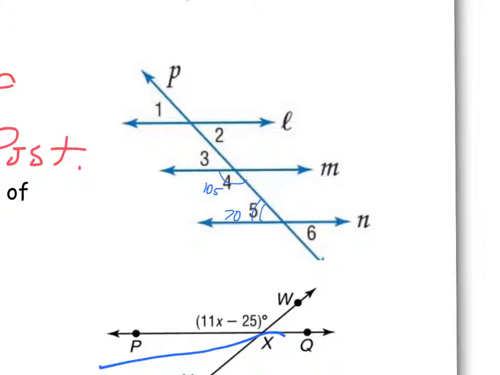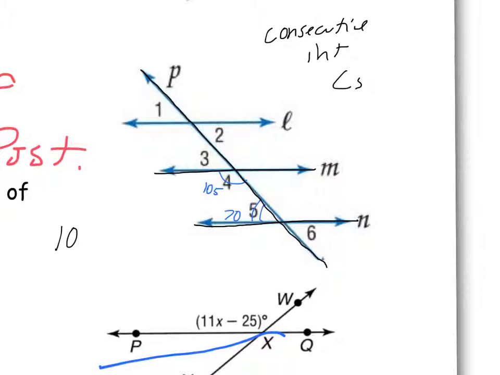Well, you'll notice that these two lines are cut by this transversal, and angles 4 and 5 are consecutive or same side interior angles. And if lines are parallel, those consecutive interior angles are supplementary.